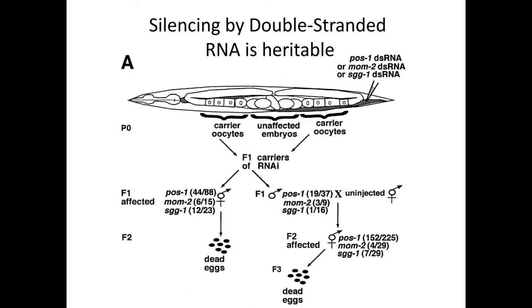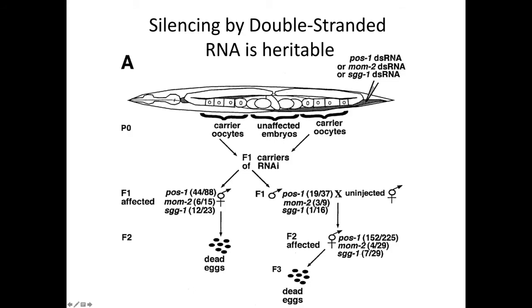Now, one thing to know about C. elegans nematodes is they're hermaphrodites. All right, so they generate sperm, but they also generate eggs, and they can fertilize themselves. So if you take a hermaphrodite and you knock out these particular genes, POS1, MOM2, or SGG1, this hermaphrodite will be unable to make eggs.